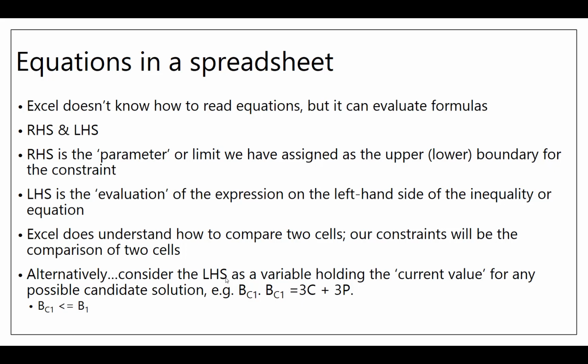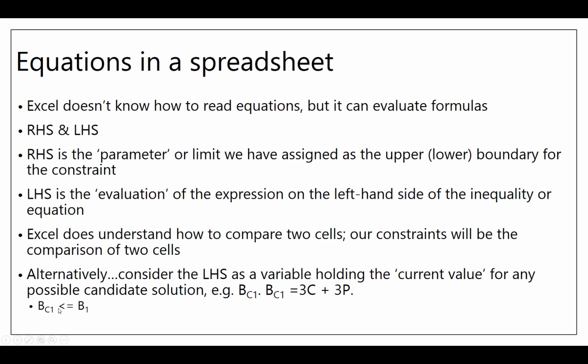So you try out a solution, 10 for P and 10 for C, and that left-hand side is always going to hold what that candidate is, or that current value. And so we might call it something like B sub C1, so constraint 1's candidate B value.